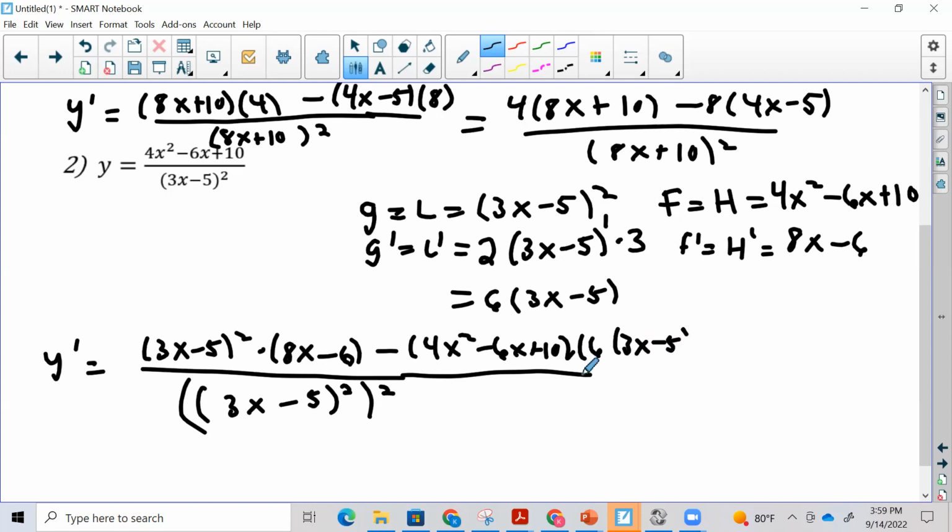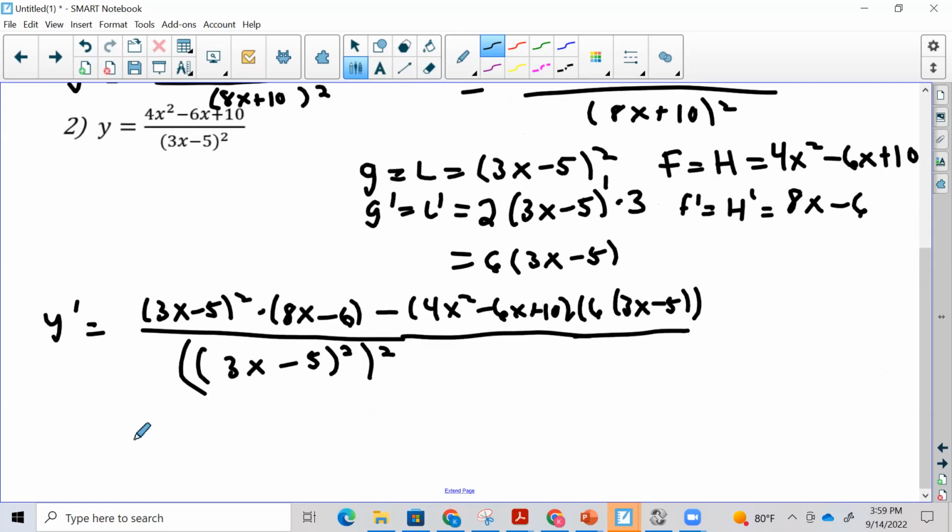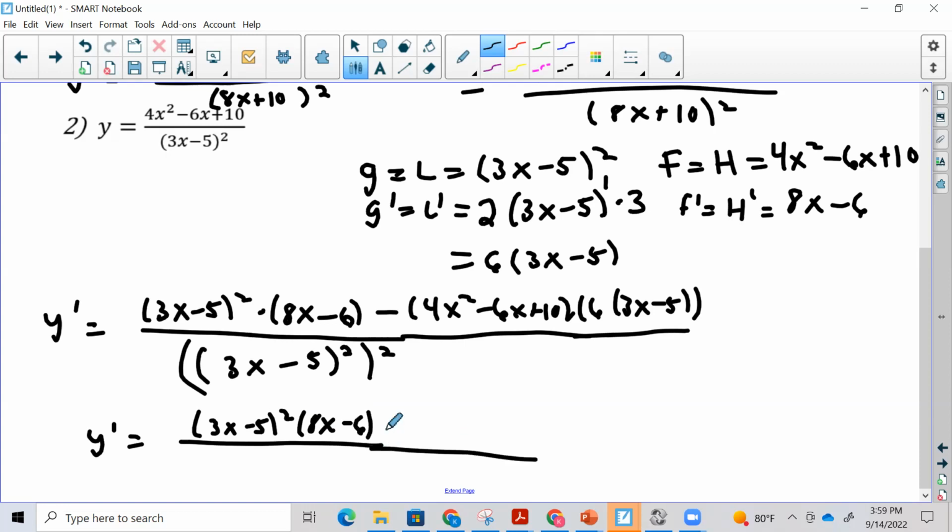Okay, and then just to clean it up a little bit, we have 3x minus 5 squared times 8x minus 6. There's not really anything you can simplify there. This one, I would put the 6 out front and maybe the 3x minus 5. It doesn't really matter the order you do.